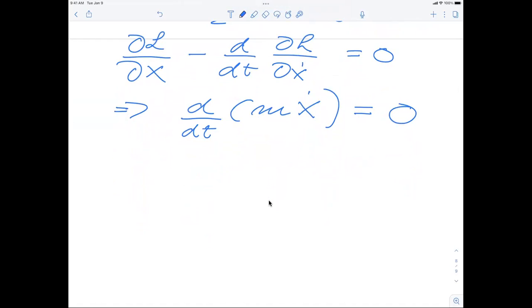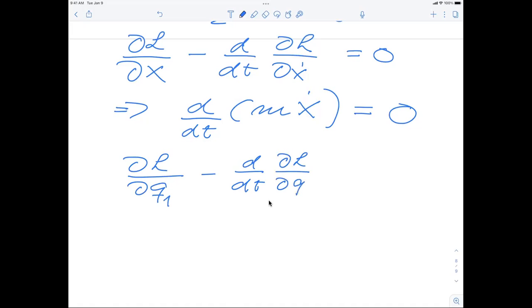The final thing which we need to do is to find the differential equations for the q's. So we would have ∂L/∂q1 minus d/dt of ∂L/∂q1 dot equal to 0.